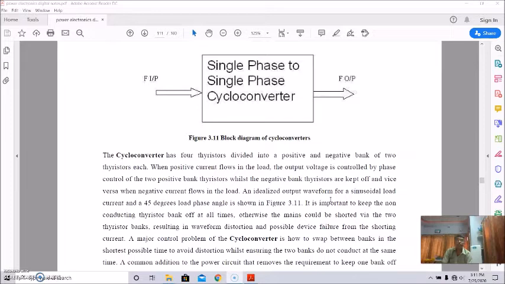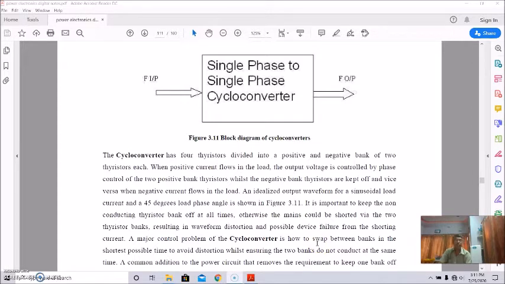An idealized output waveform for a sinusoidal load current at a 45-degree load phase angle is shown in the figure.